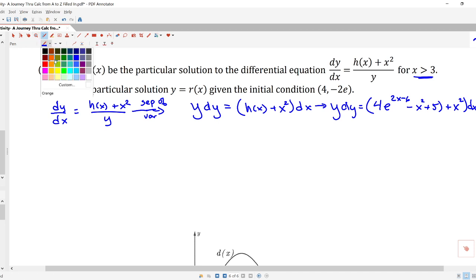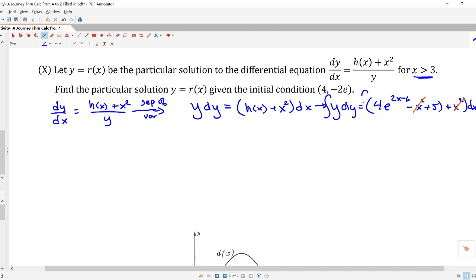And maybe you can see what I'm seeing now. I have a negative x squared and a positive x squared. Those will cancel each other out. Now, if you didn't see that, then later on it would happen and you would end up canceling it out at that point. So we're all set.